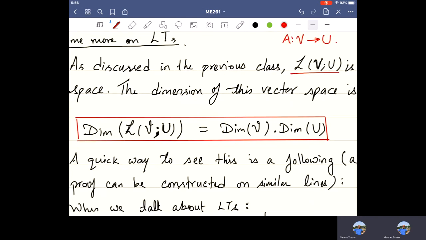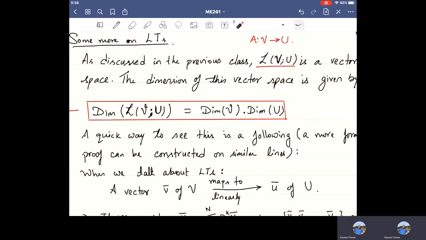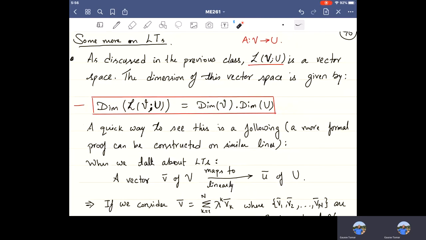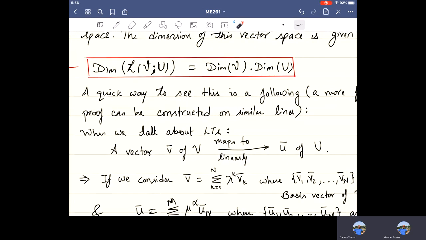So the dimension of that mapping space is going to be the dimension of vector space V multiplied by the dimension of vector space U. A quick way to see this, or rather to roughly prove this, is as follows. A formal proof can be constructed on similar lines, so we'll just look at a very quick proof.